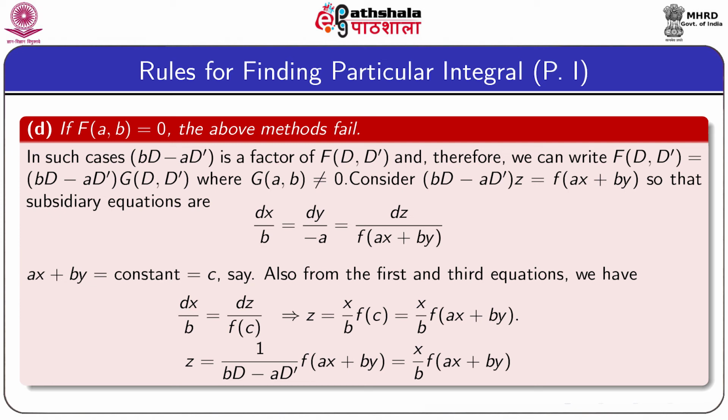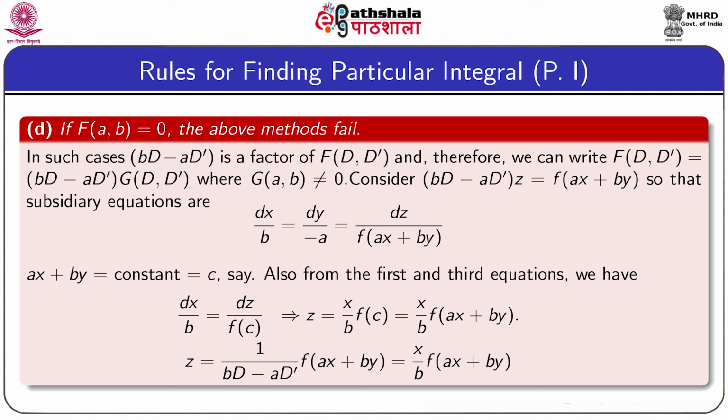Now, taking the first and third equations and using the relation ax plus by equals c, we get dx by b equals dz by f(c), and solving this equation we get z equals x by b into f(c).